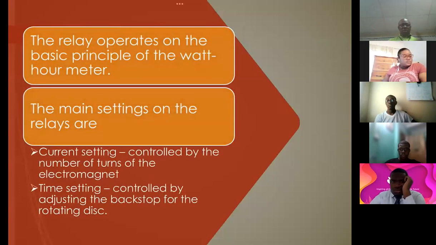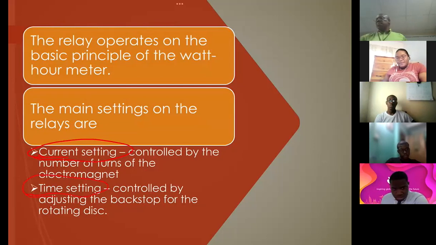So, key students. When we are setting our overcurrent relay, there are only two values we are looking for, and I think we have already spoken about that. We're going to give the current setting, which we already know, the tap setting, and we're going to give a time setting.